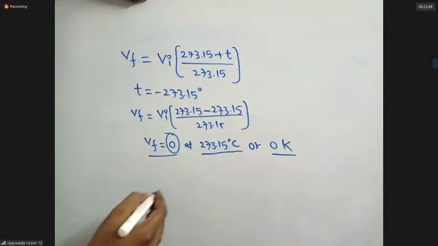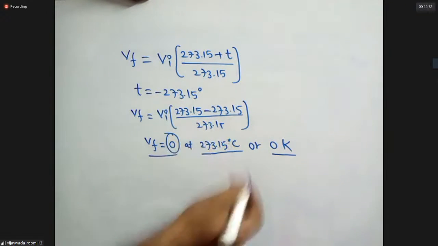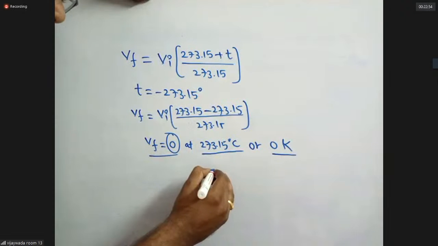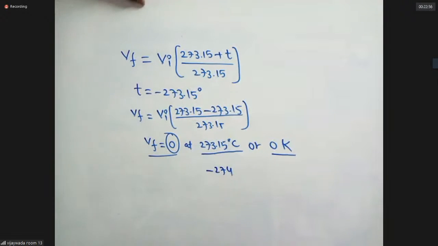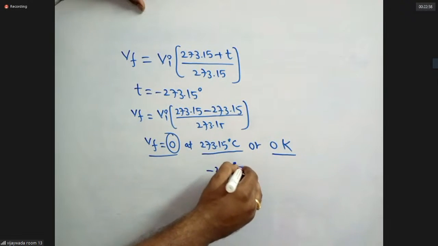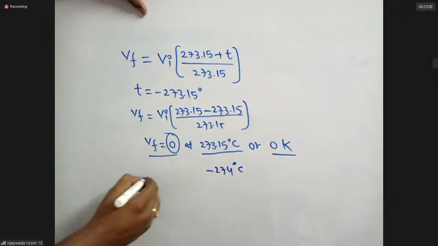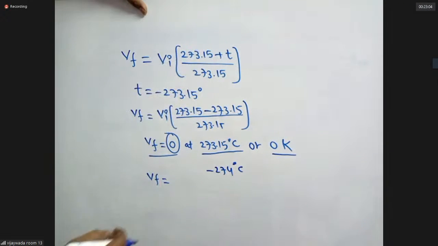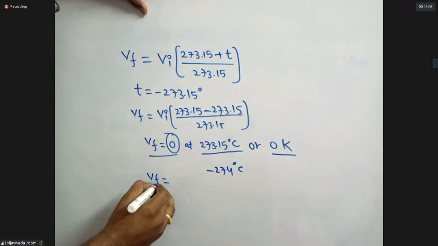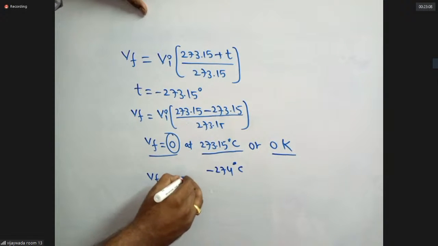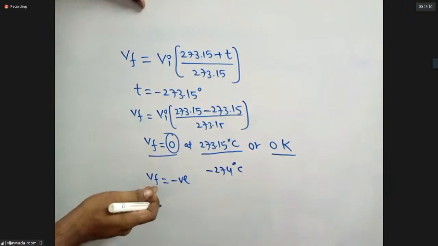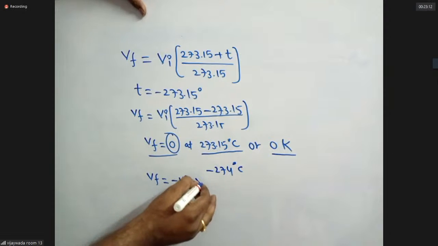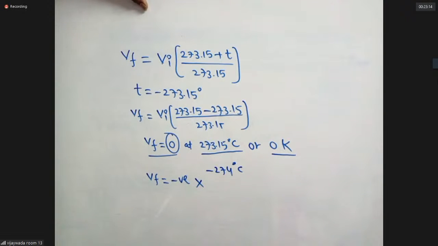Reason: if you decrease the temperature further, let's say minus 274 degrees Celsius, then what will happen? V final, 273 minus 274, you will get a negative value. Volume negative value is meaningless. Are you getting my point?